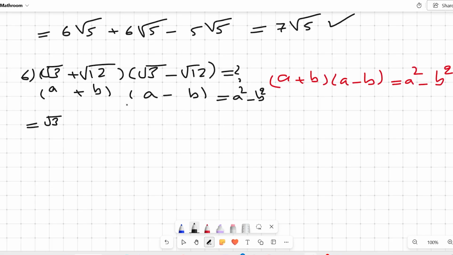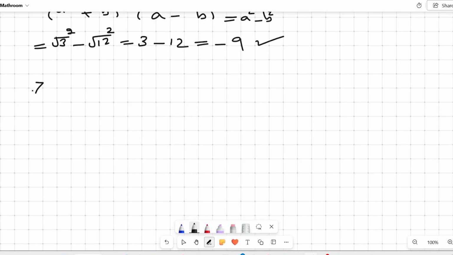The exponent 2 comes itself, minus, instead of b, I can write square root of 12. The exponent 2 comes itself. So 2 with index cancels each other, only 3 remains here. 2 with index 2 cancels each other, 12 remains here. 3 minus 12 is equal to minus 9.